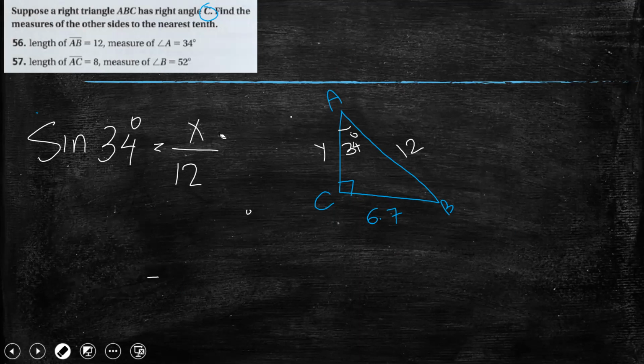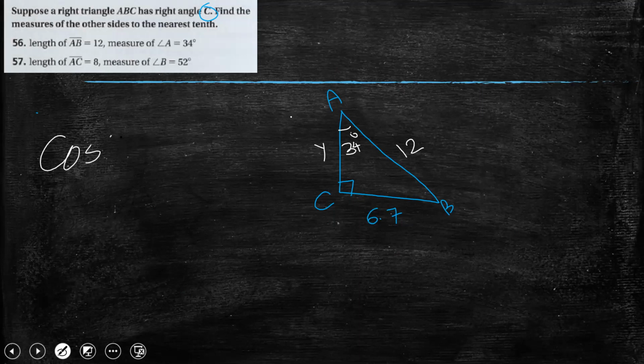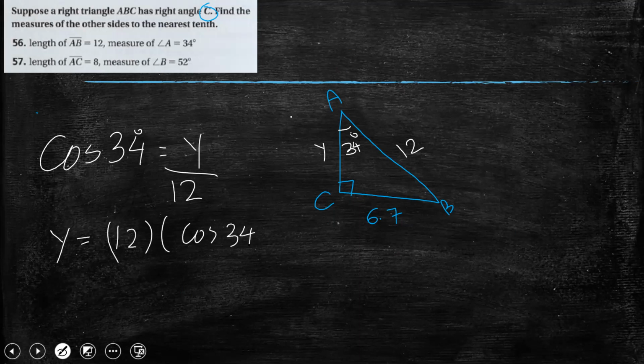Is it the opposite or adjacent? Adjacent, bravo. So cosine 34, which is the adjacent y over the hypotenuse 12, so y will be 12 times cosine 34. Cosine 34 times 12 is 9.95. This is y.